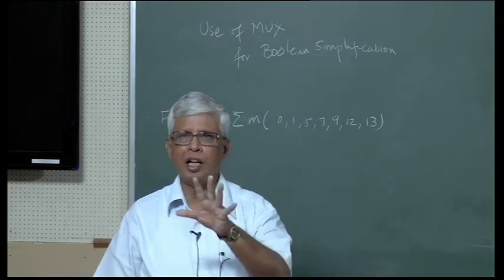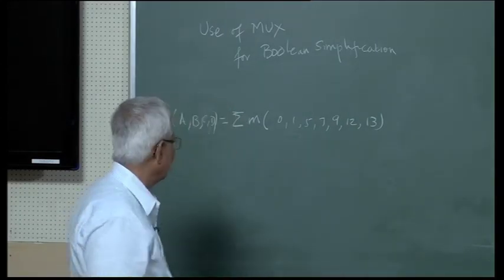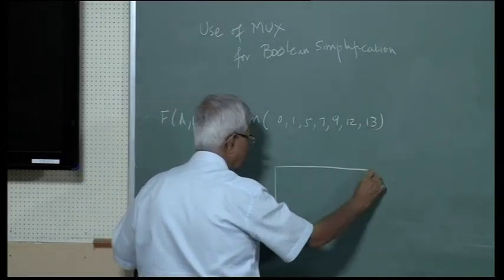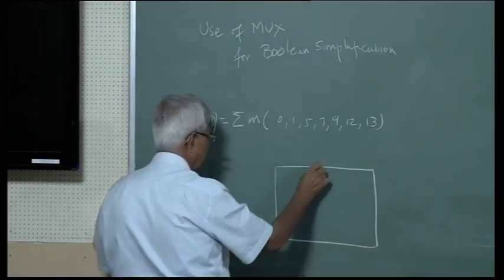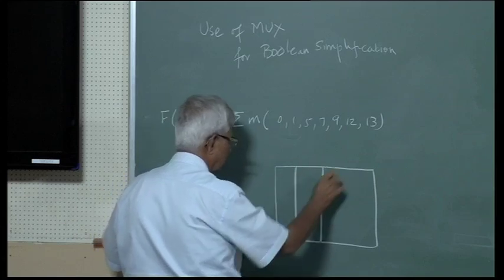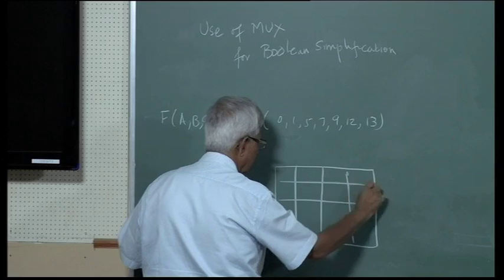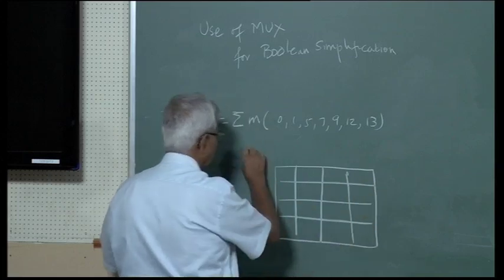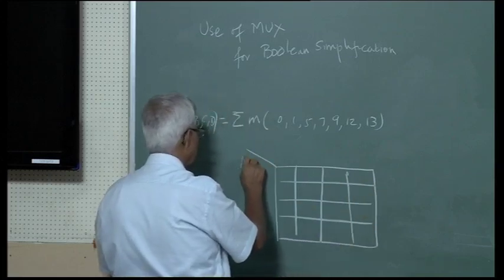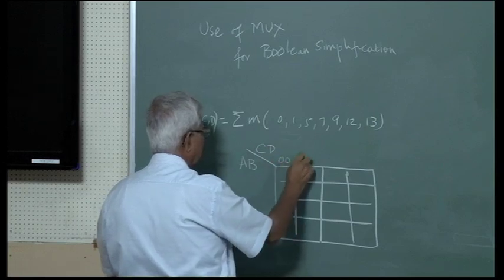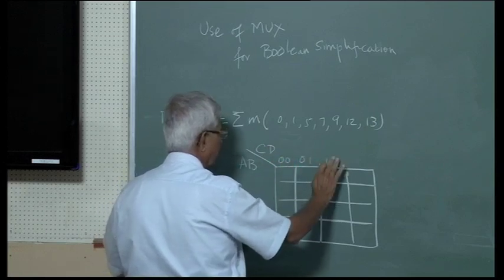I draw a Karnaugh map using 4 variables, correct? 4 variable Karnaugh map.